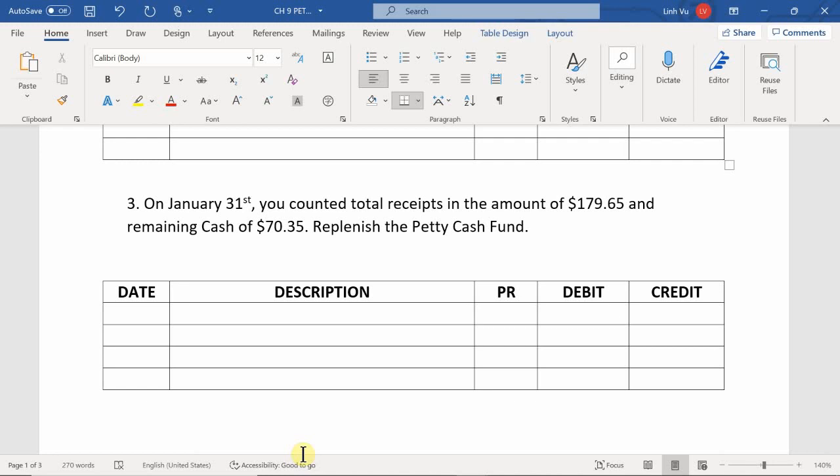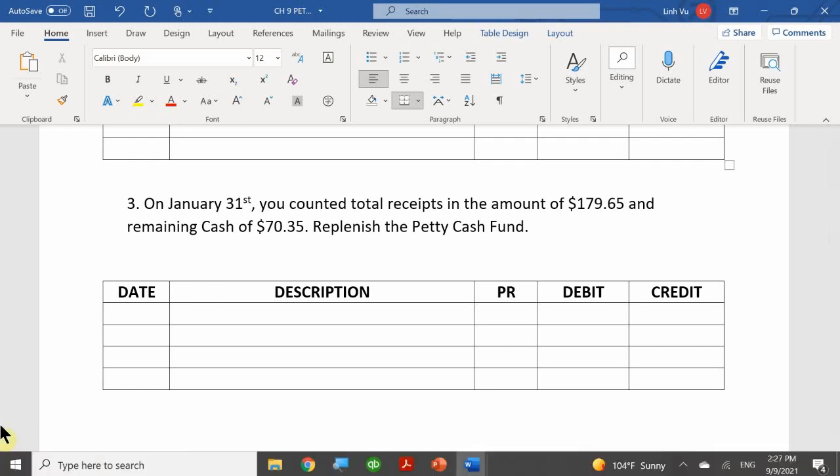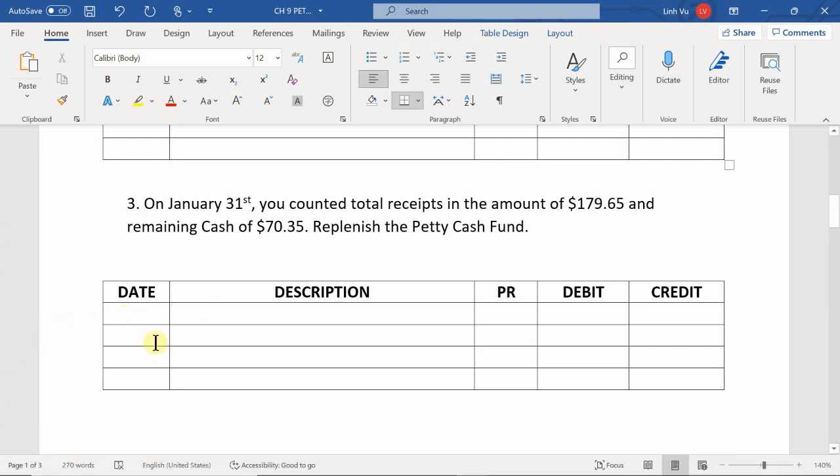And how do I do that? Do we put in the line item for the 179.65 to replenish it, and then we do the checking for the 70.35?